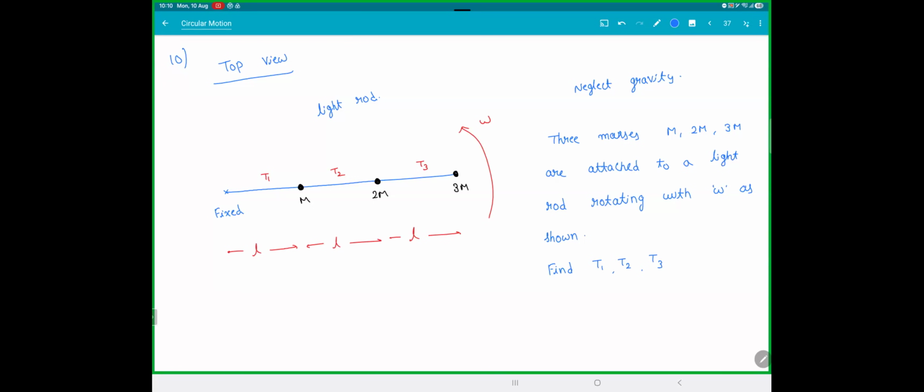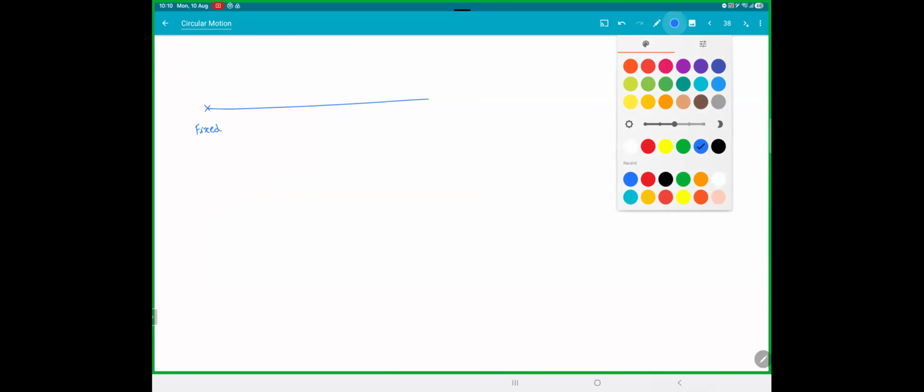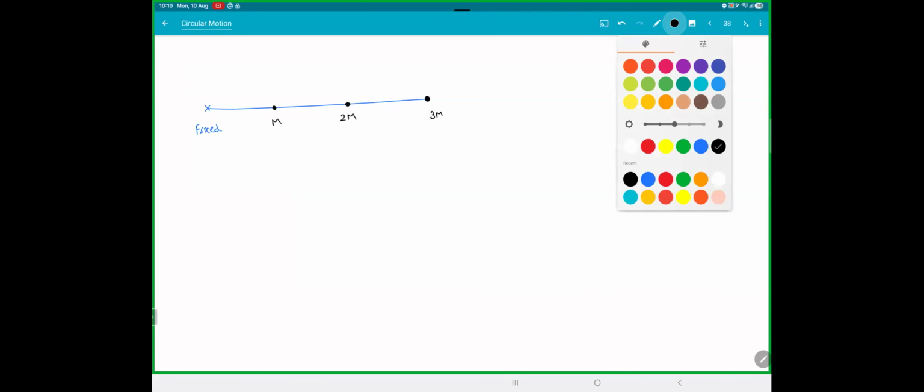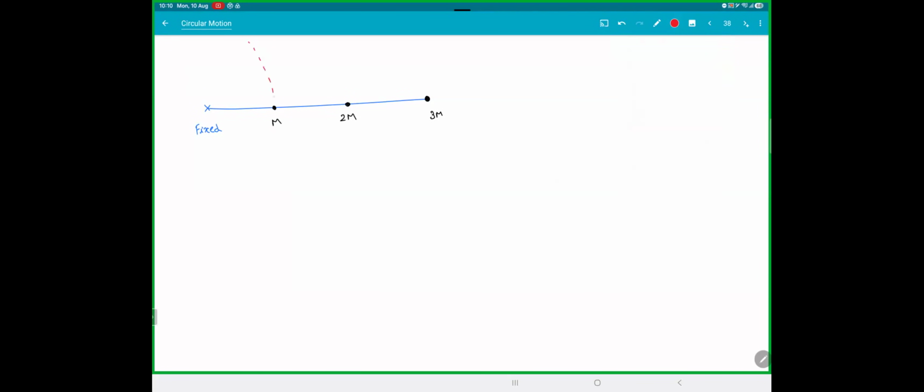Let's see. Step one, draw the free body diagram. So this is fixed. This is 3m. This is m. This is 2m. So everyone here is going in their respective circles.